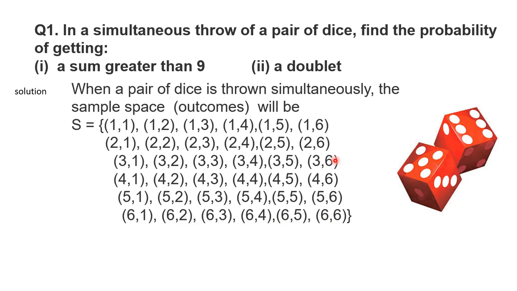So these are the total outcomes when the two dice are thrown simultaneously. When we count these pairs, the total number of outcomes is 36. Now we have to solve the first part, a sum greater than 9.